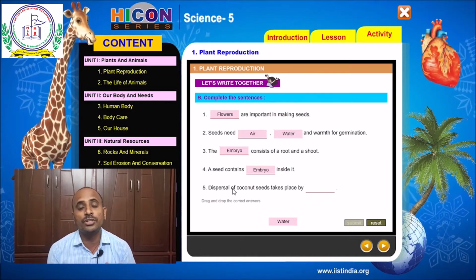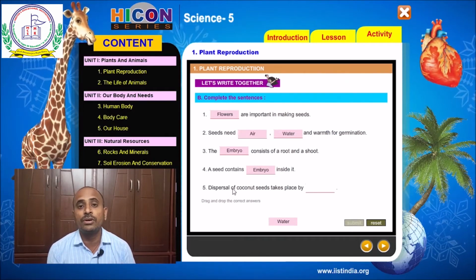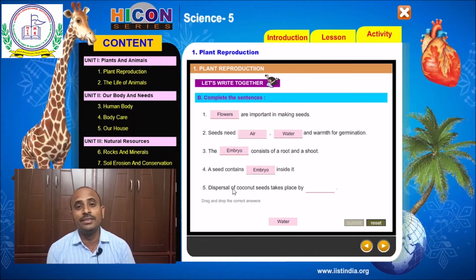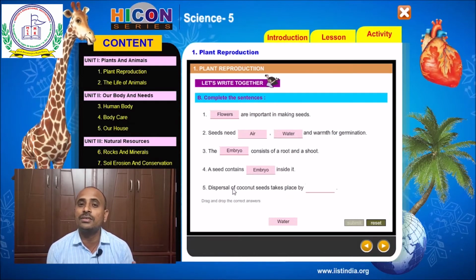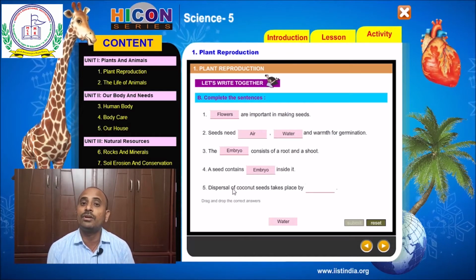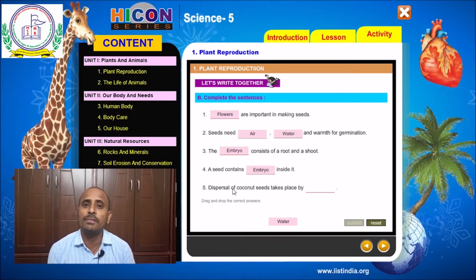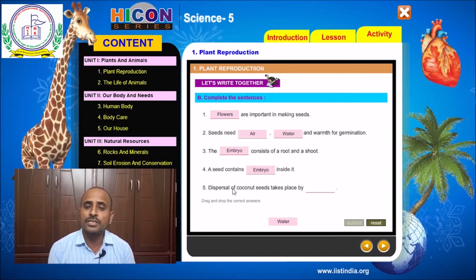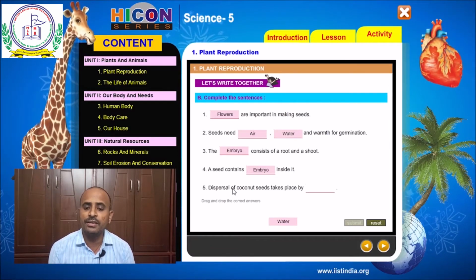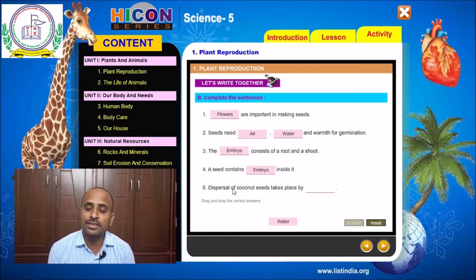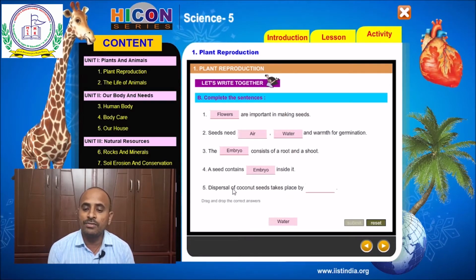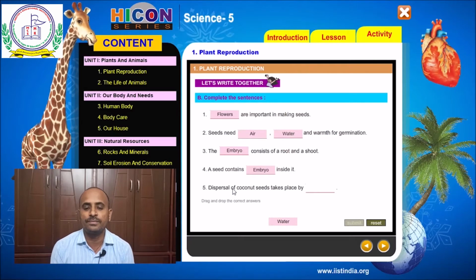That's why the coconut seeds are carried away with the water flow when they fall in the water. So dispersal of coconut seeds takes place by water. So the correct answer is water. So write the word water for the fifth sentence.